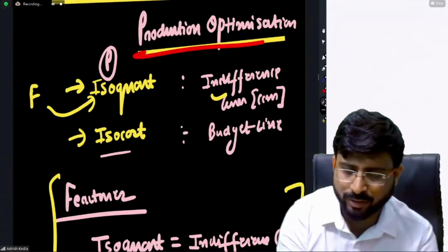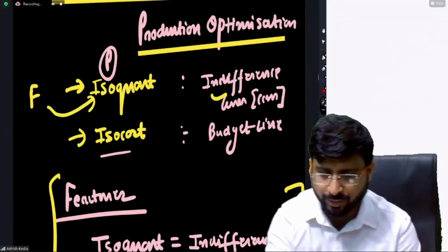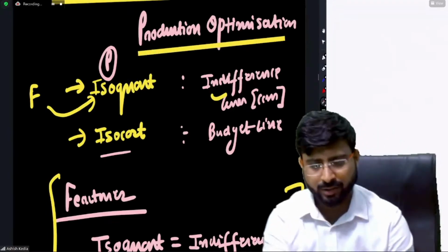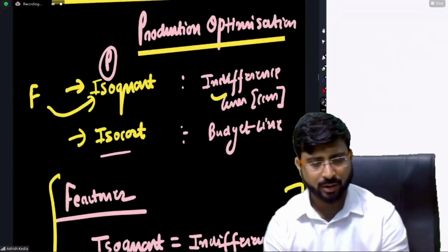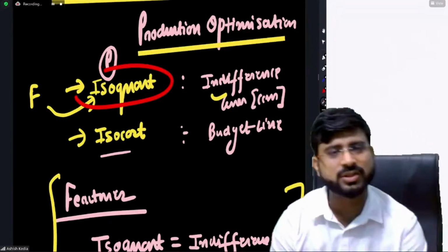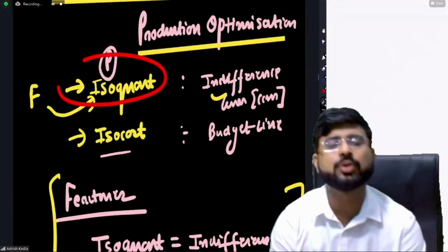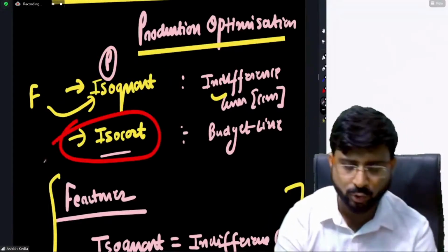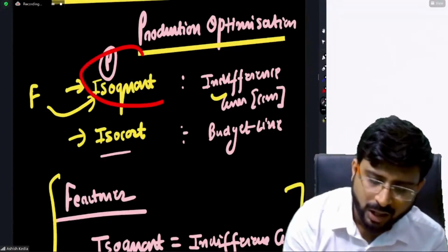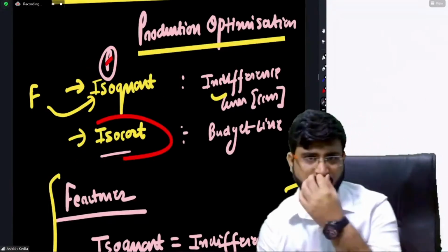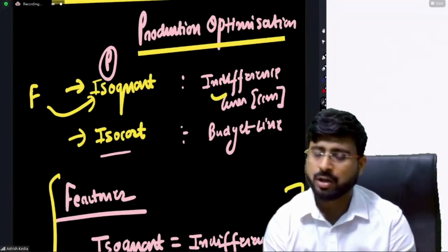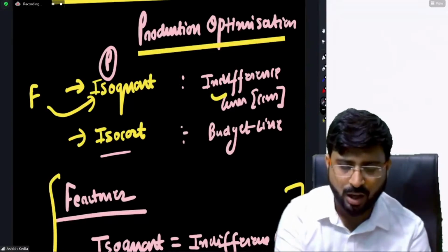So friends, in order to reach the producer's optimal point, we have to have knowledge of two concepts. Number one is isoquant. Number two is isocost. Repeat after me, isoquant and isocost. For production optimization, we should have knowledge of two things.